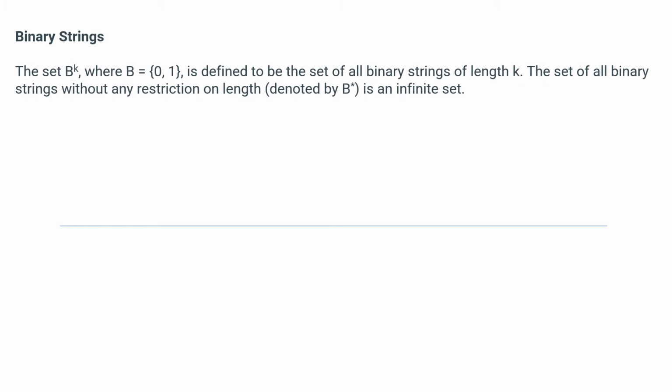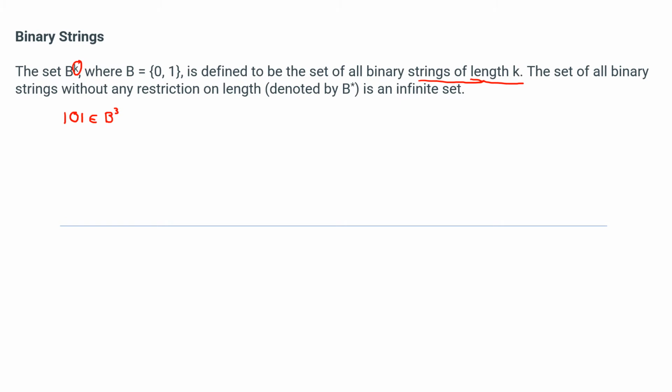Basically, it's just saying anything that's a string of zeros and ones is going to be something that we could call B to some K here, and K is going to represent the length of the string. So if I have a string of ones and zeros, then I would say that that is a binary string, and if I have 1, 0, 1, I'd say that that is in B to the 3.